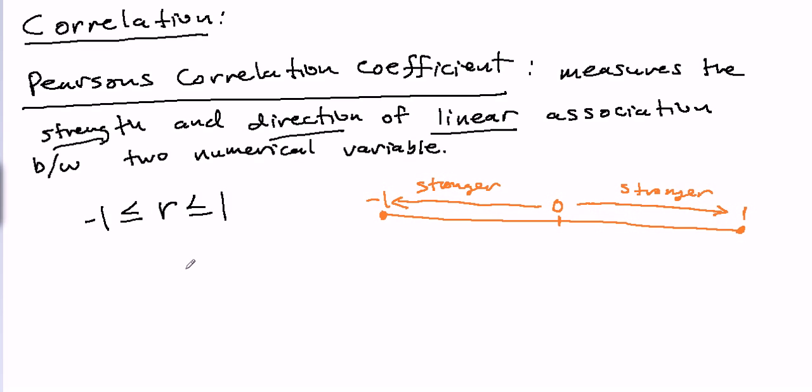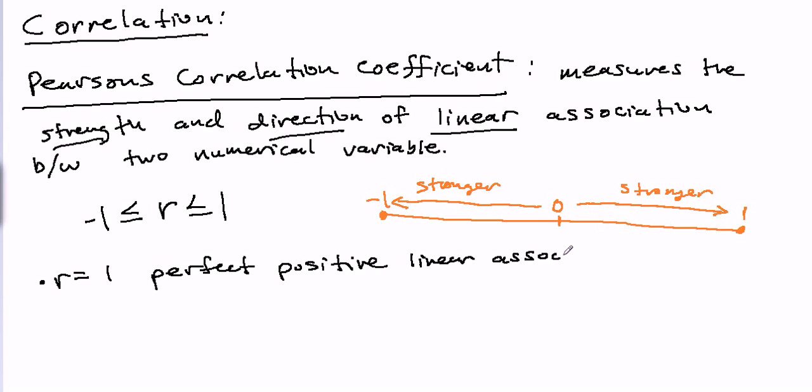Positive r equals +1 would indicate a perfect positive relationship. R equals -1 would indicate a perfect negative relationship. So perfect positive linear association.